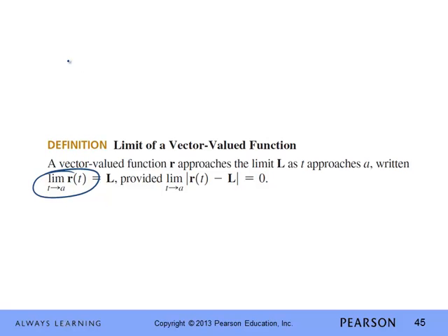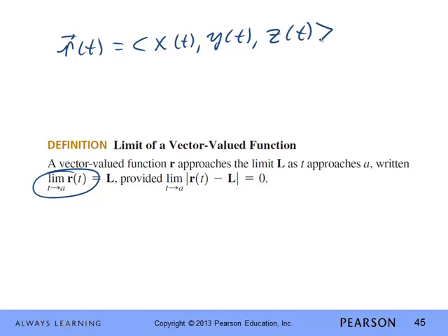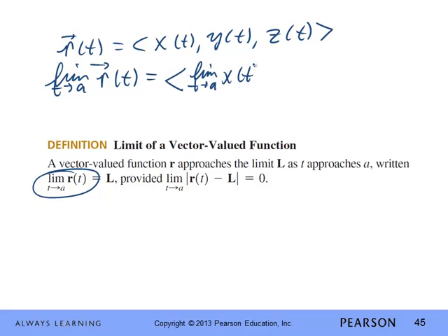So basically, look, if you have r of t is equal to x of t, comma, y of t, comma, z of t, then your limit as t approaches a of r of t would be the same as your vector limit as t approaches a of x of t, comma, limit as t approaches a of y of t, comma, and then limit as t approaches a of z of t.